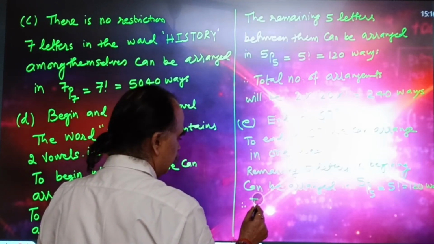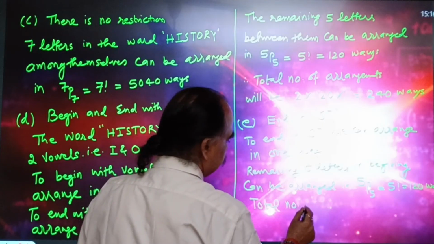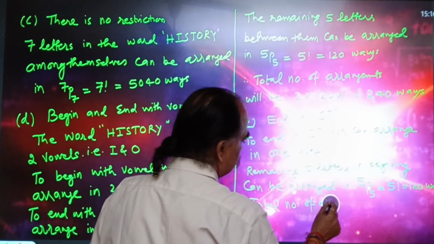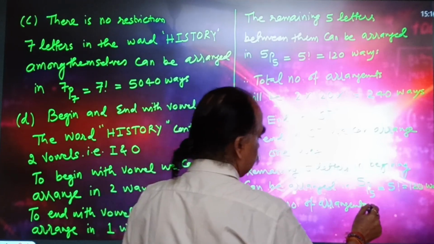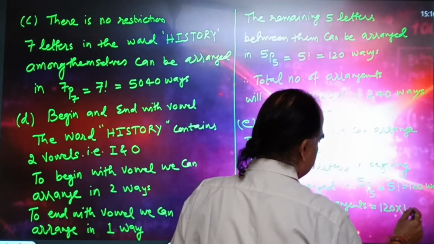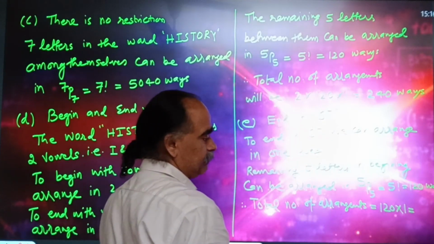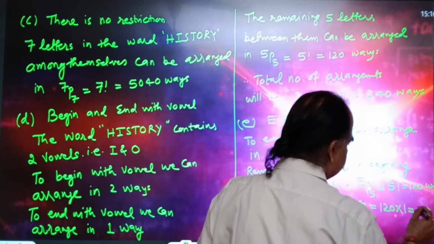Therefore, the total number of arrangements is equal to 120 into 1 of ST, which is equal to 120 ways.